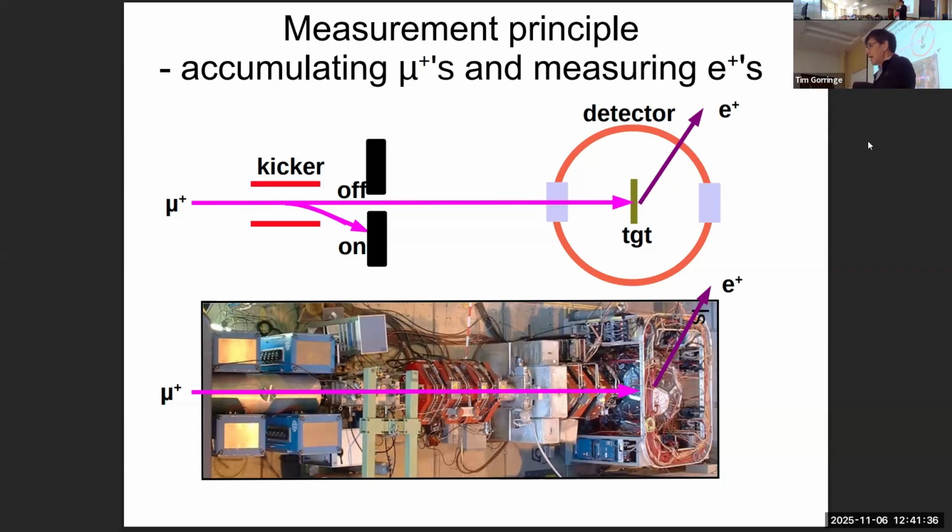You then detect the decays of the muons by detecting the electrons that the muons decay to. So you see electrons emerging from that target that you've loaded up with muons, and these electrons are decaying away with the lifetime of the muons. And so you measure the time distribution of the electrons, and from that, you can determine the lifetime of the muon.